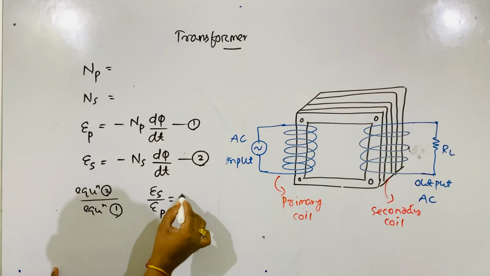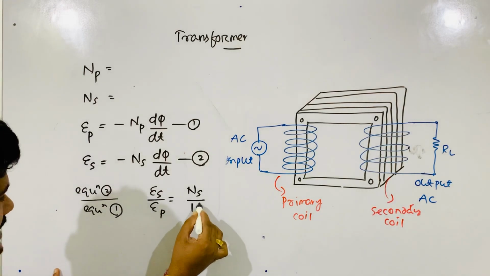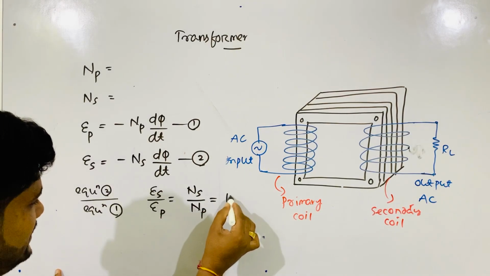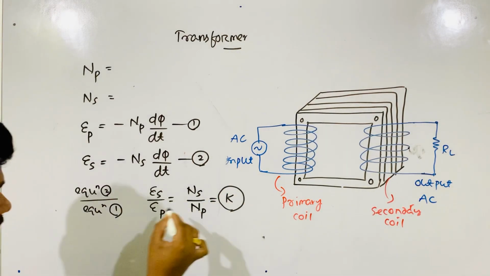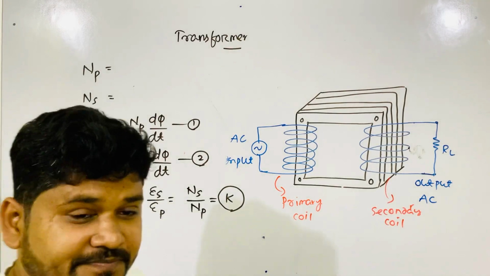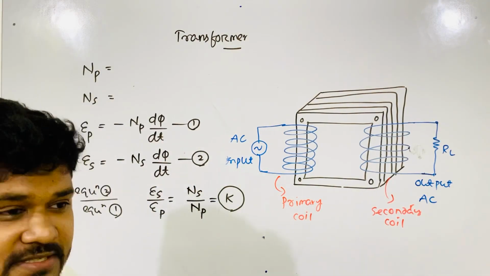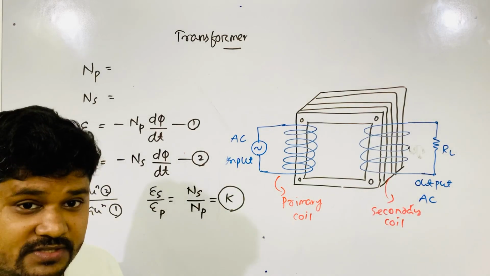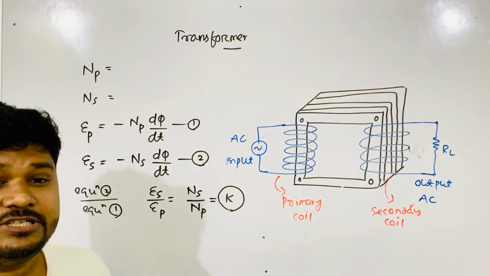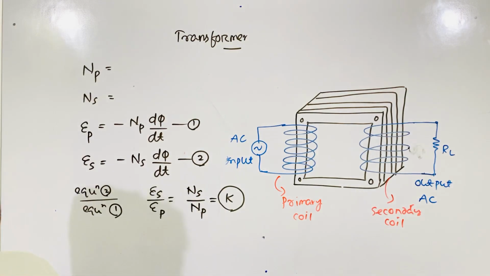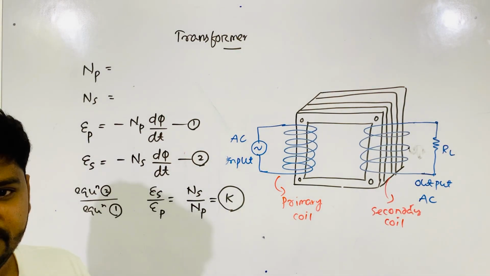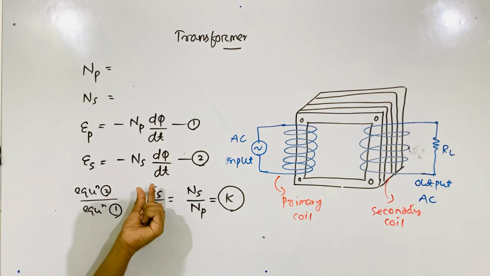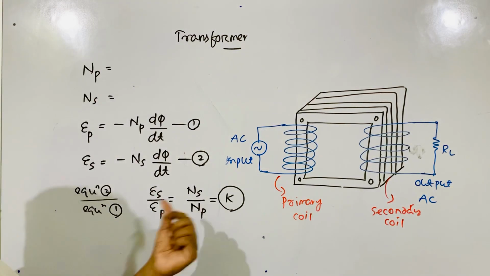ES by EP is equal to NS by NP is equal to K. K is a constant. This K is called the transformer ratio or transformer constant.